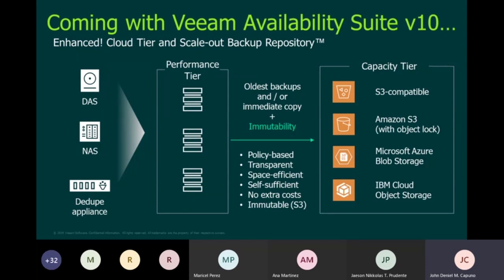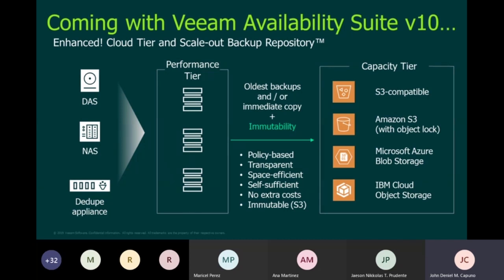Once you already have an old backup, you can transfer it to the capacity tier, for example, on Amazon S3 with Object Lock. Once we put our old backup there in Amazon S3, Veeam can put immutability by using the technology of Amazon S3, which is Object Lock.